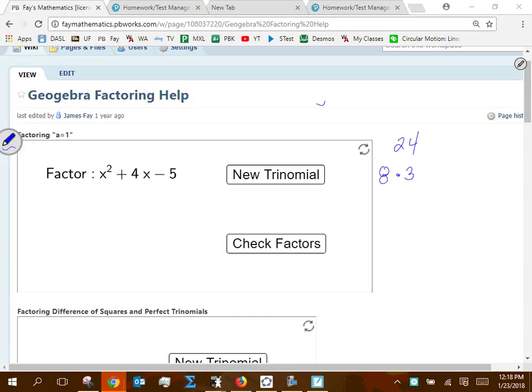Likewise, when you see the word distribute, or the acronym FOIL, what operation is happening there? What do you do when you FOIL? You multiply, not divide. Factoring is the inverse of foiling. So if factoring is division, foiling has to be multiplication, right? You do first times first, outside times outside, inside times inside, last times last.